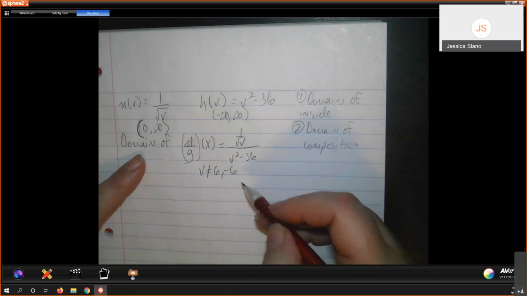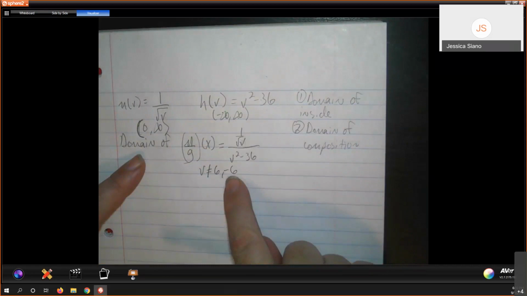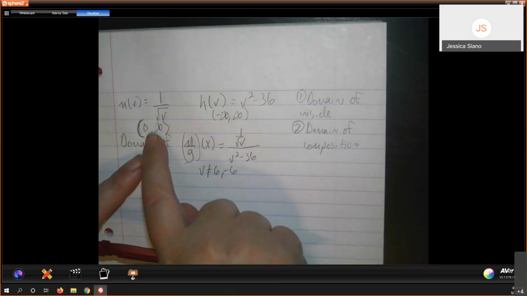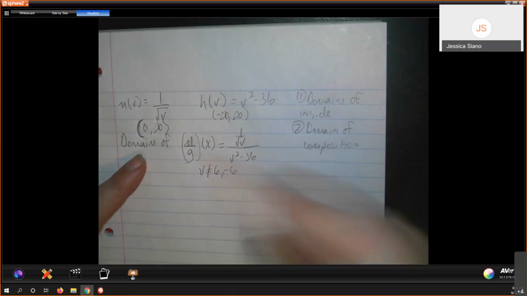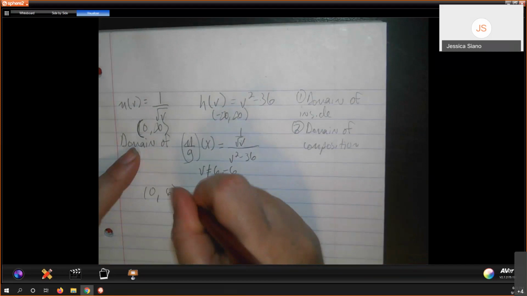So what I have to do is take the domain of each of these and combine it with the domain of the composition. Well, all real numbers we don't need to worry about. I'm looking at only the positives and can't be 6 or negative 6. So that means that I can start at 0 and go up to 6, but not including 6.